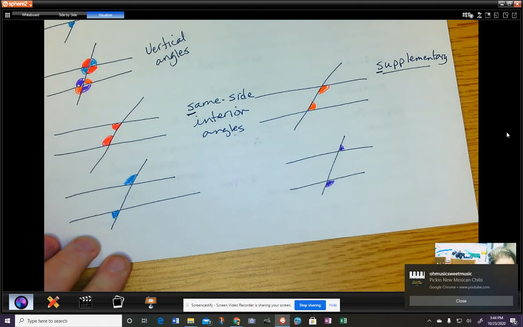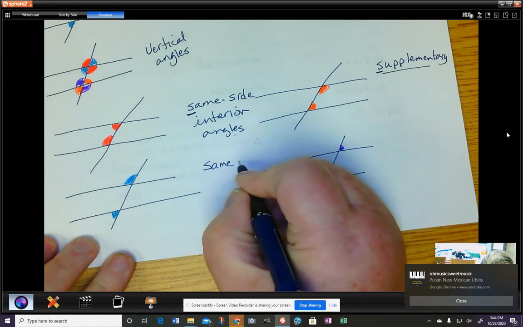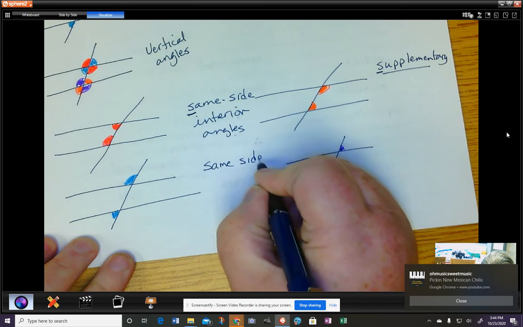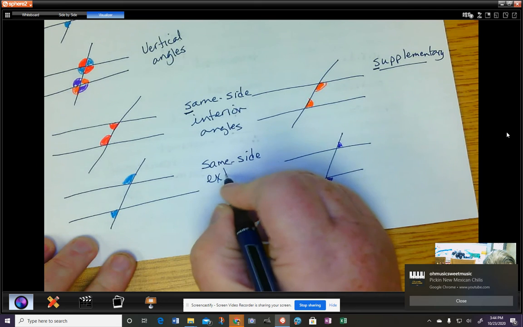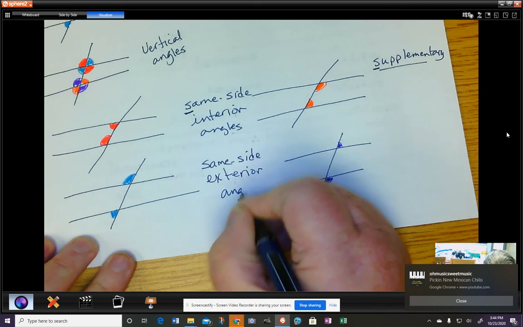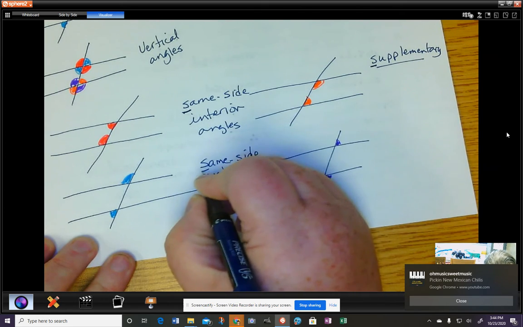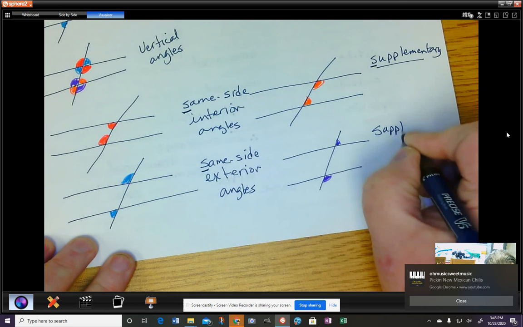These are the same side exterior angles. Starts with an S, so they are supplementary.